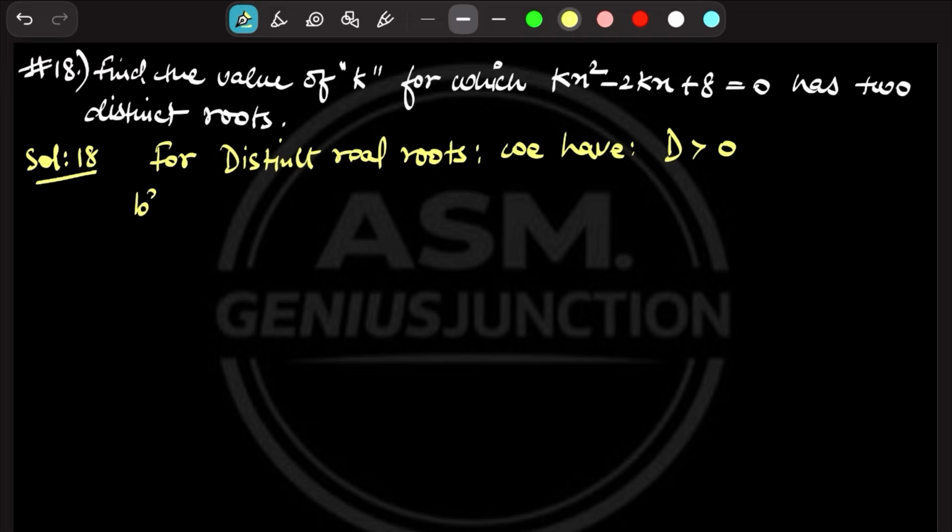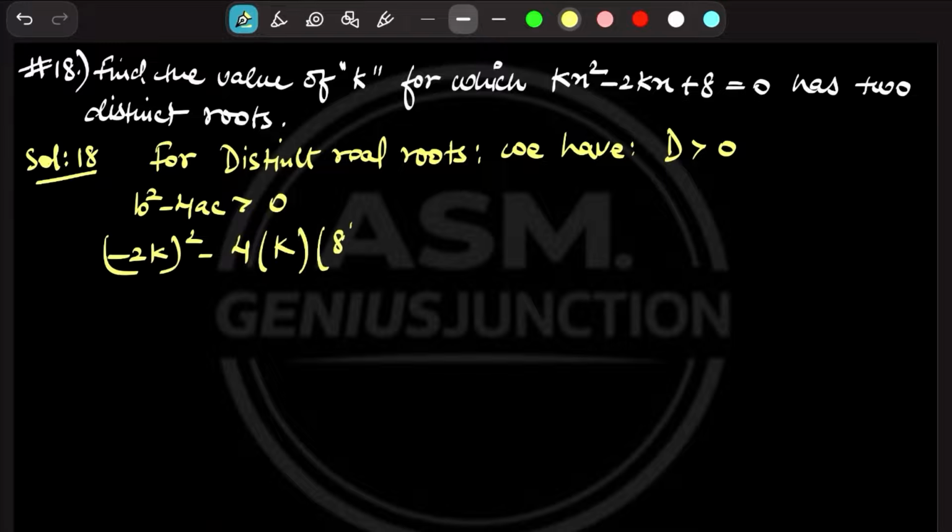It means b square minus 4ac should be greater than 0 for the given quadratic equation. So I will put b square minus 4ac, that means minus 2k whole square minus 4, in place of a I will put k, in place of c I will put 8, greater than 0. Solving it, we get 4k square minus 32k greater than 0.